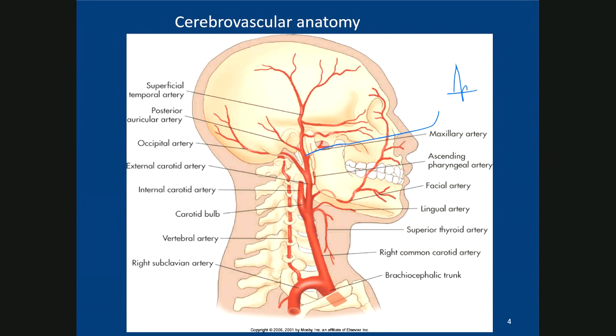Whereas the internal waveform is a lower resistant waveform, has a rapid acceleration, a broad peak, gradual downslope, and flow throughout diastole, looking more like that. So the internal waveform and the external waveform are very different. The external is higher resistant, or it may actually look like this, where it's more moderate. It just shows the notch and then it comes up, but it doesn't actually reverse. So those are two looks to it. But the biggest difference is these have sharp peaks and a notch, whereas the internal does not.